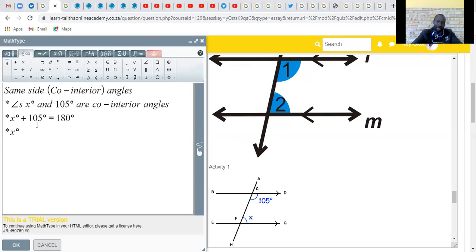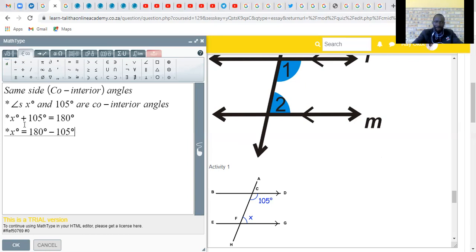Notice that 105 is on the left-hand side, and so to solve for x, we have to make x be on one side of the equal sign and all the other quantities on the other side. What that means is that on the side of 180 degrees, we are going to put negative 105. Why is it going to be negative? It's because every time a number crosses the equal sign, that is, moves from one side of the equal sign to the other, the sign before that number changes.